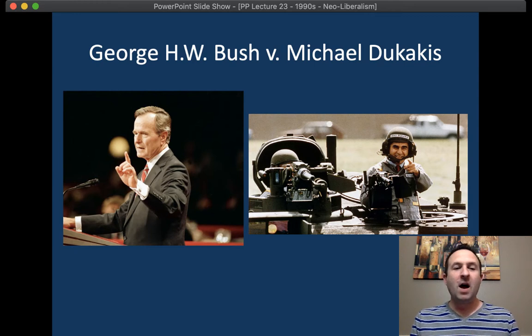And on the other hand, George H.W. Bush seemed like the logical choice to be an extension, of course, of Ronald Reagan. Now, Bush was not Reagan. Bush was a very different kind of Republican. In fact, some of the press dubbed him a country club Republican. In fact, during the 1980 campaign, he had criticized Reagan's idea of supply-side economics.